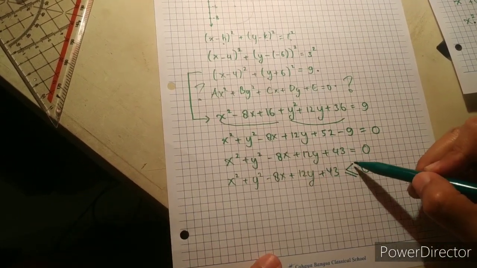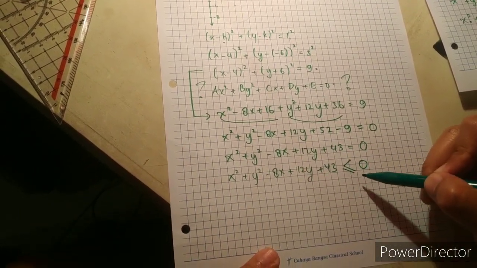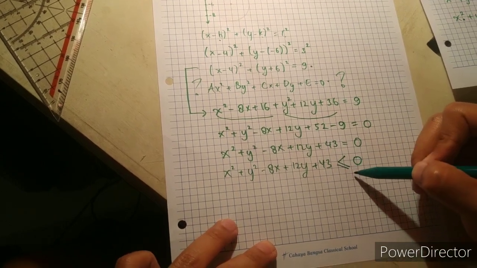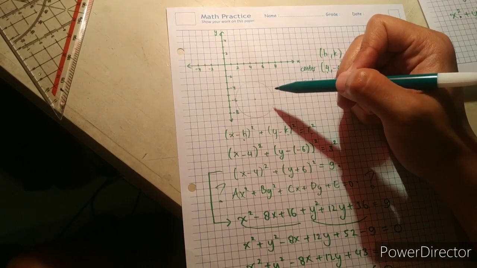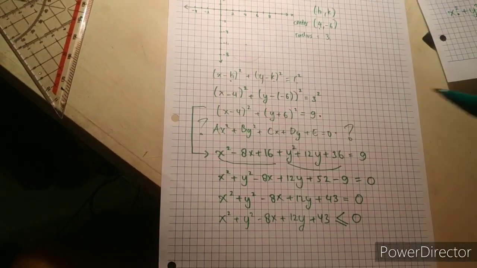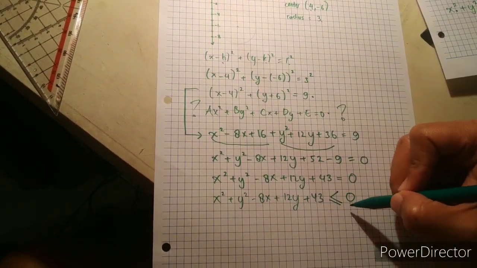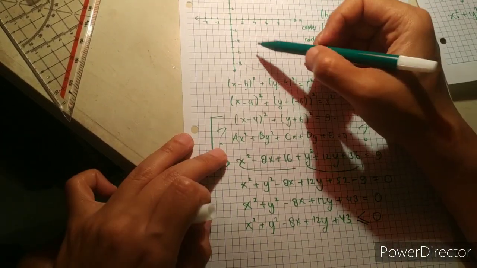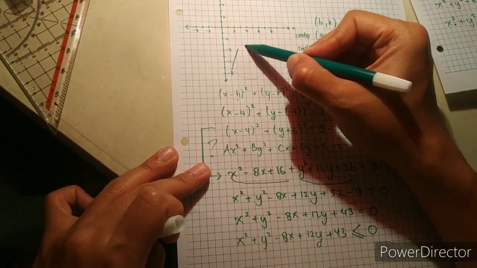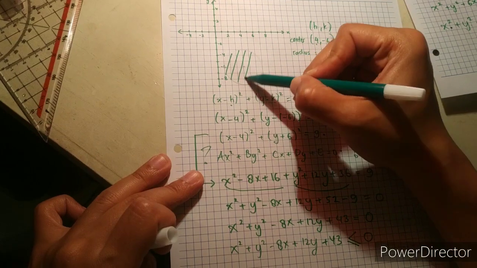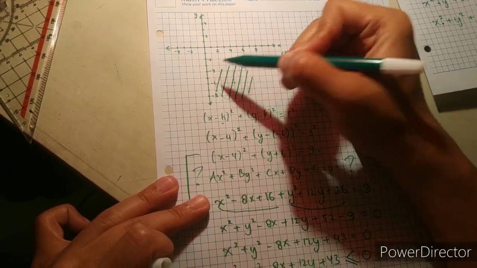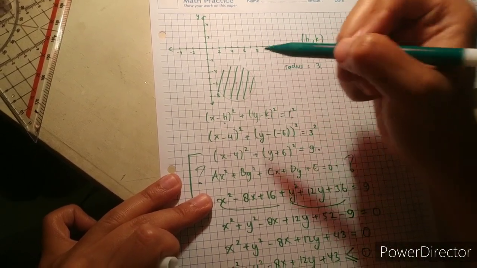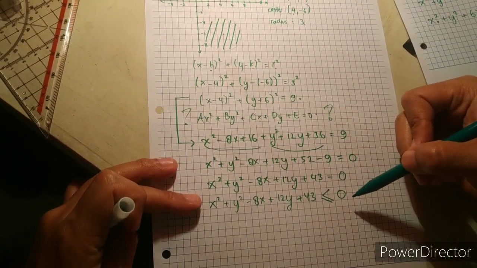Since it is equal also, the circle is still solid, not dotted. But it has to include what is less than, so you need to shade the area inside the circle, like this. The circle is still solid. So this is the graph of this inequality.